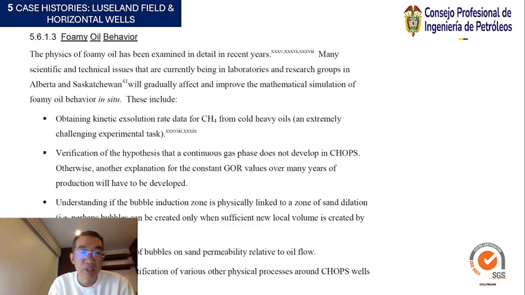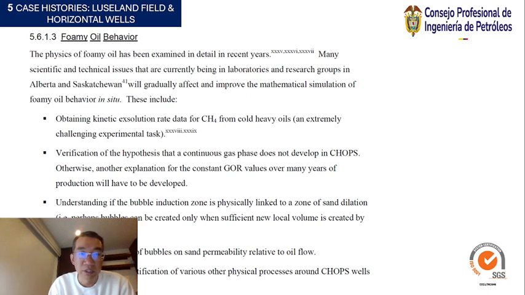This includes obtaining a kinetic rate solution for CH4 from cold heavy oils, an extremely challenging experimental task.